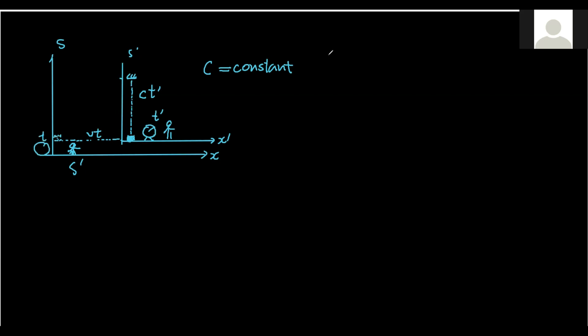So the event is that the light travels from this one upward vertically on the moving frame.